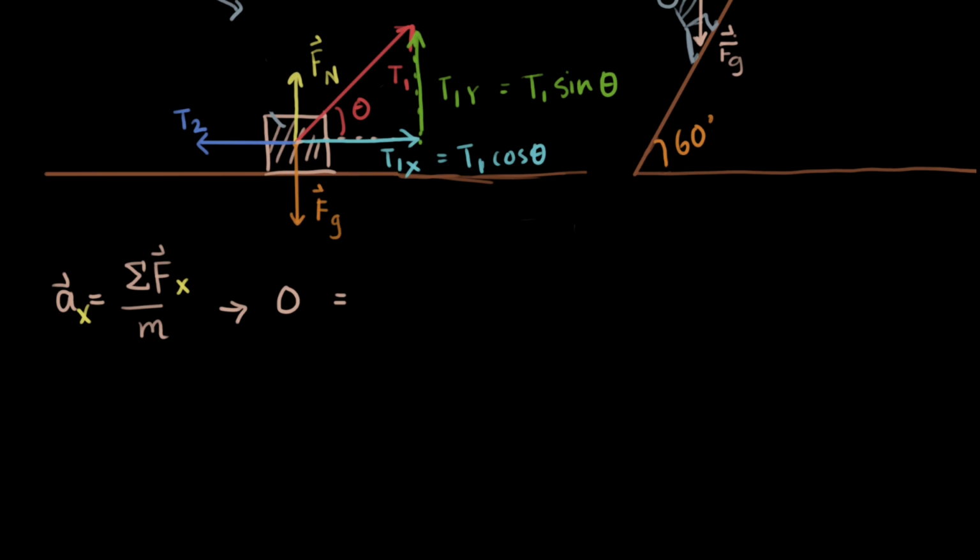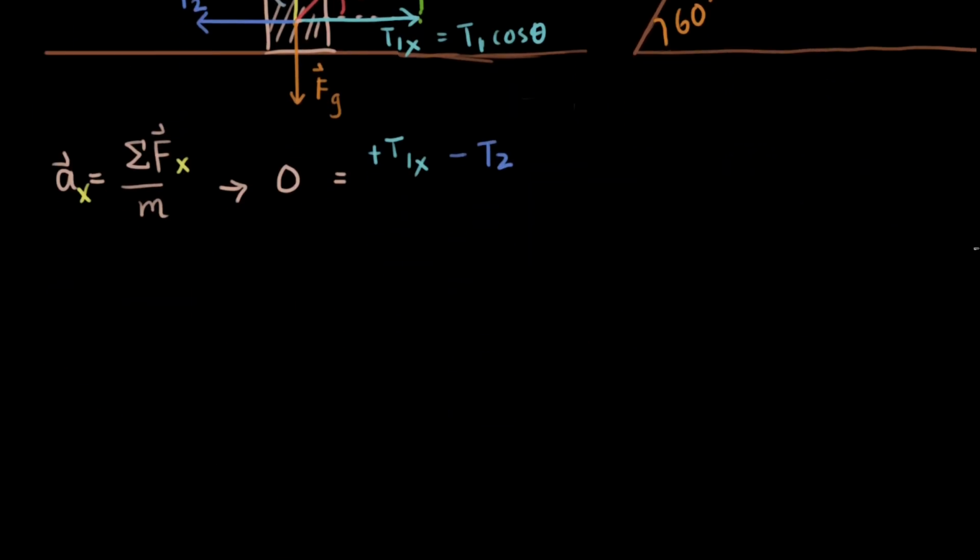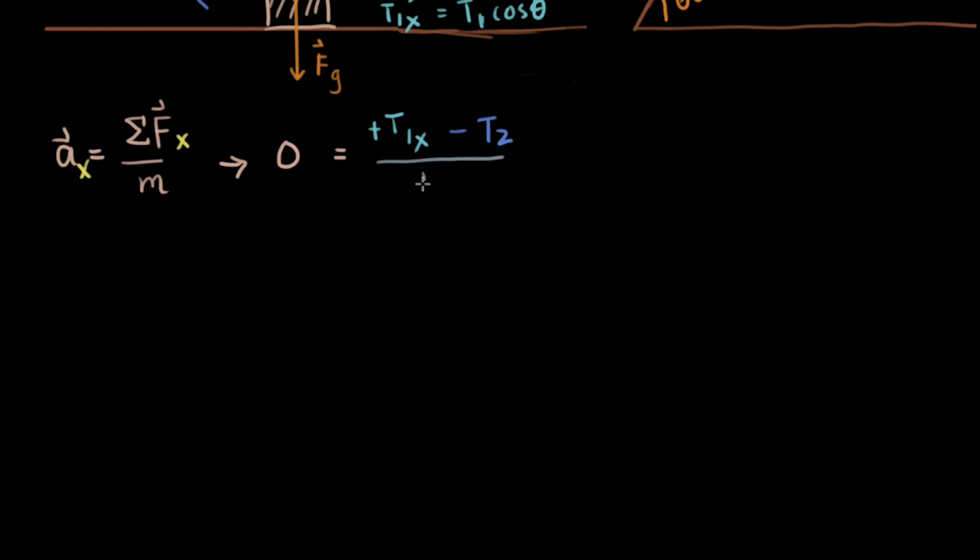By convention, the right side is positive, the left side is negative. So our T1 cos theta, that is T1 sub x, is in the positive direction, and our T2 is in the negative direction. And we have our mass, that's 10 kg.